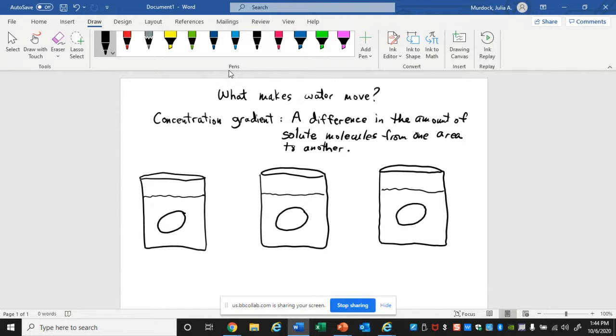So inside the red blood cells, let's assume that it's always going to be the same number of salt. I'm just going to draw some little dots to indicate salt ions inside. The concentration of salt inside each of the cells is a constant.